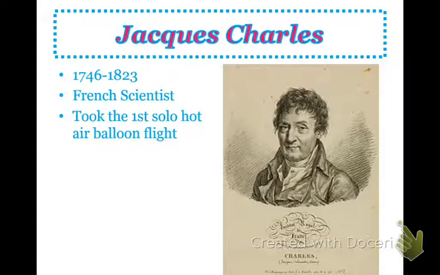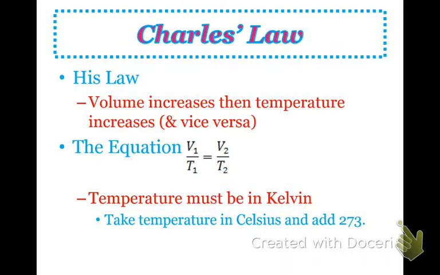And it was actually his gas law that made hot air balloon flight even possible. It's the concepts of Charles' law that makes riding in a hot air balloon possible. His idea is that if the volume increases, then the temperature actually decreases.